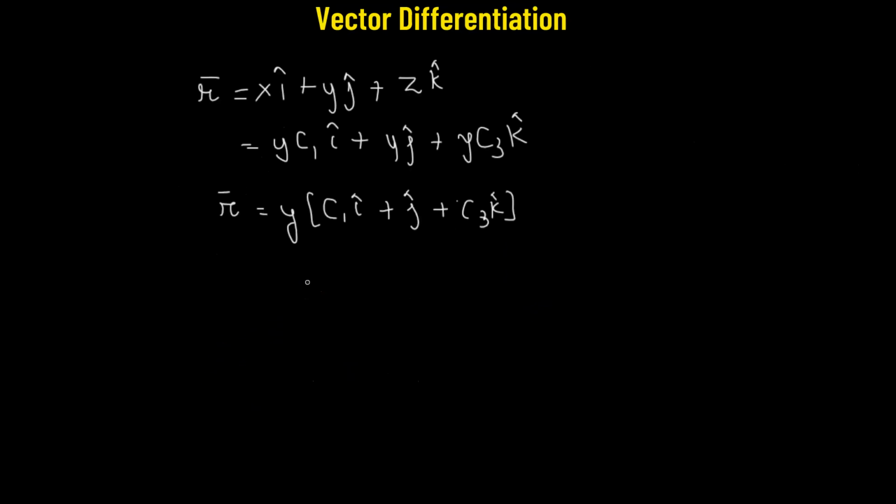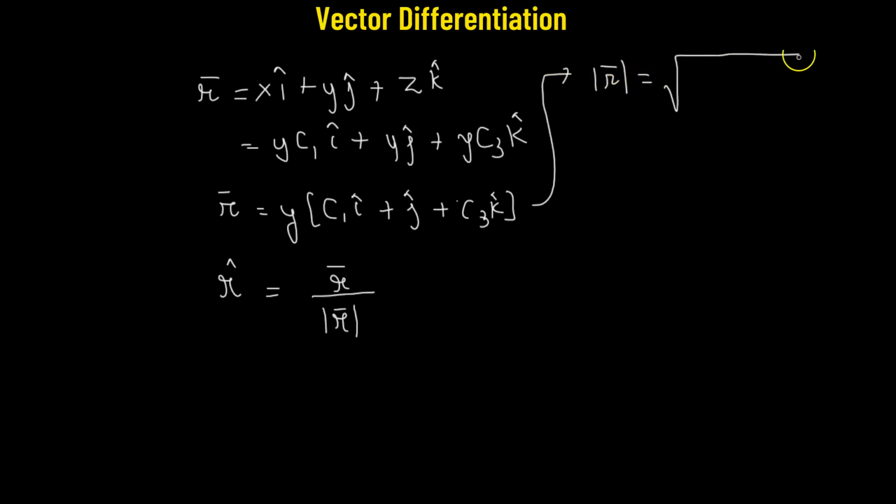Now let's find out the unit vector r cap. Our unit vector is defined as vector r divided by the magnitude of vector r. So we'll need to obtain the magnitude of vector r. That will simply equal y squared multiplied by (c1 squared plus 1 squared plus c3 squared), or simply y times the square root of c1 squared plus c3 squared plus 1.